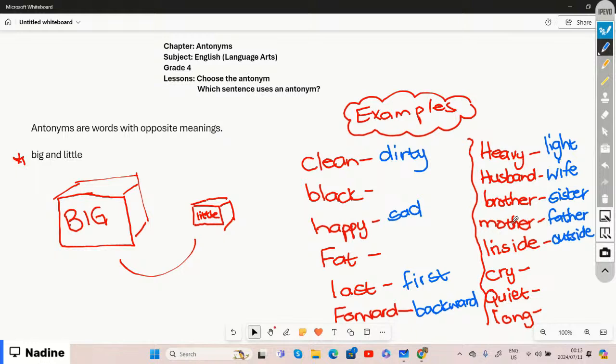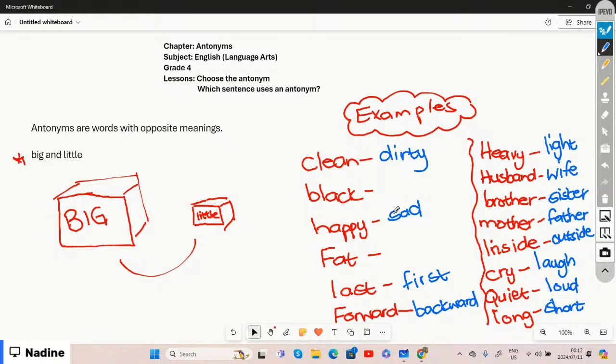Well done, guys. The opposite of quiet is loud. If I'm not quiet, I'm loud. If I'm not loud, I'm very quiet. The opposite of cry is laugh, even though some people have tears of joy. The opposite of long is short.